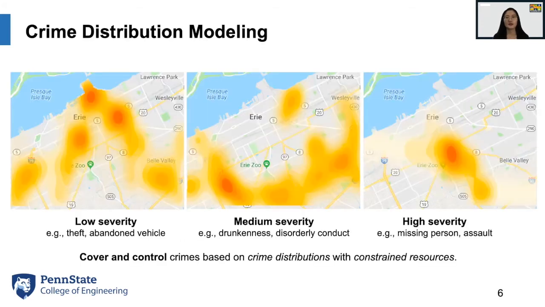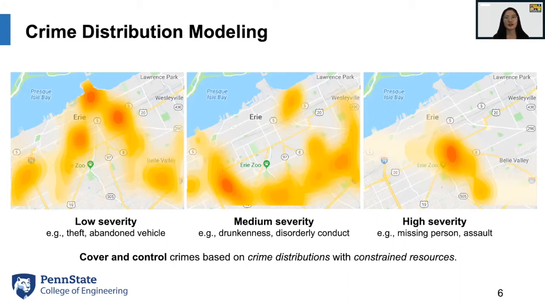Crimes are characterized into low, medium, and high severity levels. This figure shows the distributions of crimes at different severity levels. The crime density varies from low to high as the color changes from light to dark.